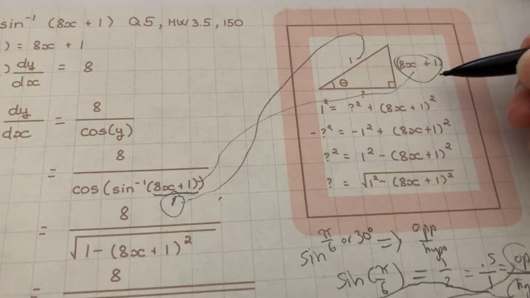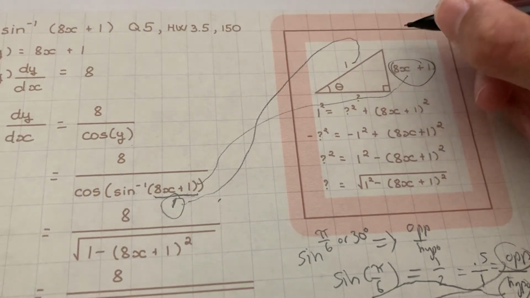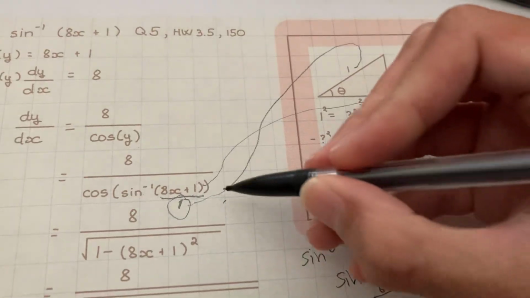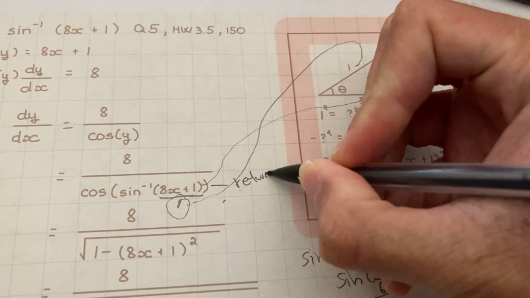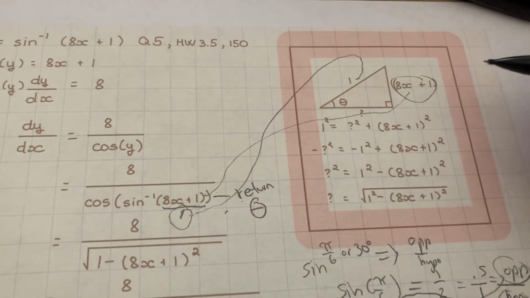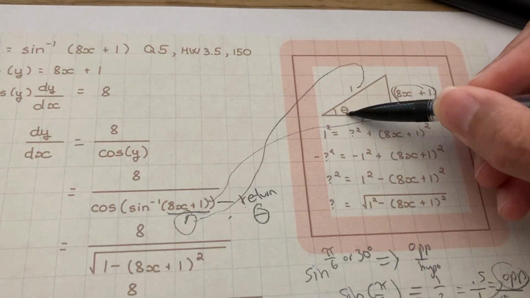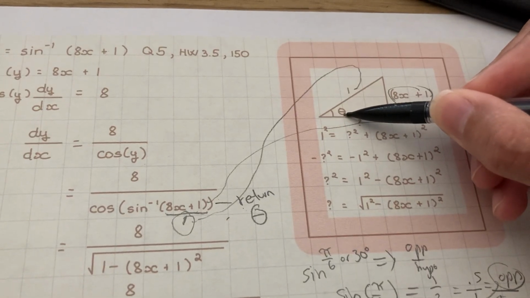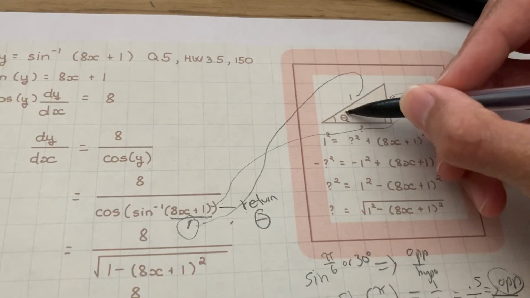So, I know that this is going to return a degree, or a theta. We form this triangle, and this is the theta we're trying to return. So this inverse sine is trying to return whatever this theta is.